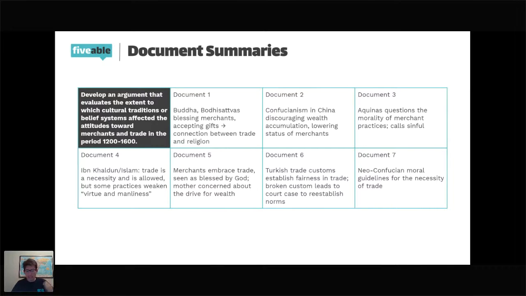these ideas of trade. Now, I know what you might be thinking if you're sticking it out here. Aren't we supposed to be writing a thesis statement? Well, so much of your thesis, at least in the way I like to teach it, is reliant on you understanding what the documents say and how they answer the question. Once you get to that point, you can start thinking about in what similar ways do they answer the question?